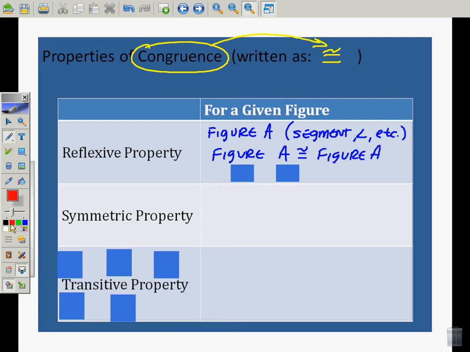It's like looking in the mirror. A is congruent to A. They're the same size, same shape. So A is congruent to A.